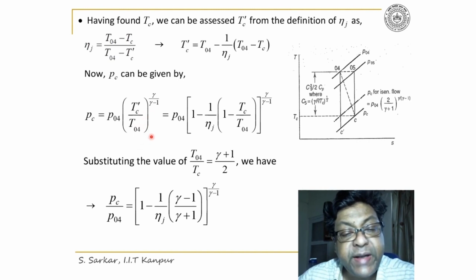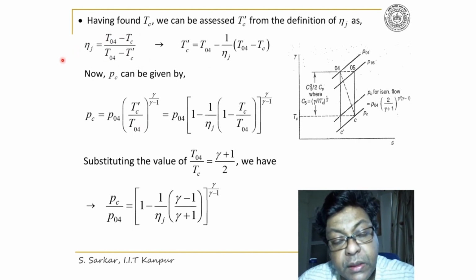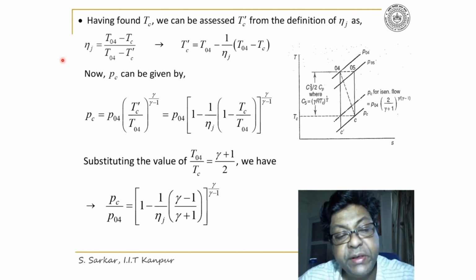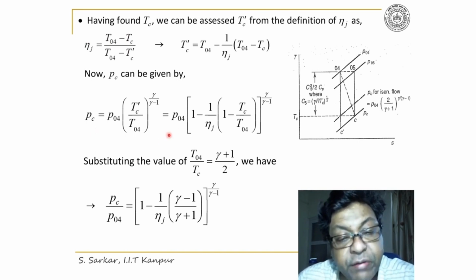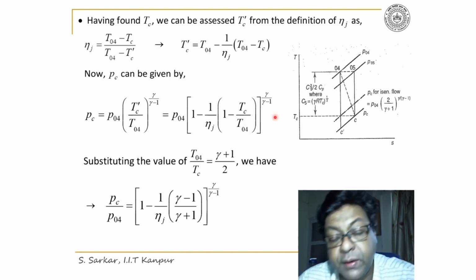Now, Tc dash and T04 can be related with eta J, that is nozzle efficiency. Thereby, I can write Pc is equal to P04 within the bracket 1 minus 1 by eta J into 1 minus Tc by T04 to the power gamma by gamma minus 1.